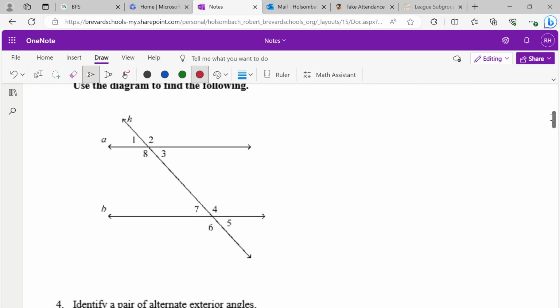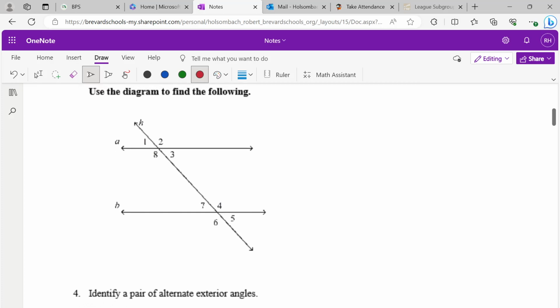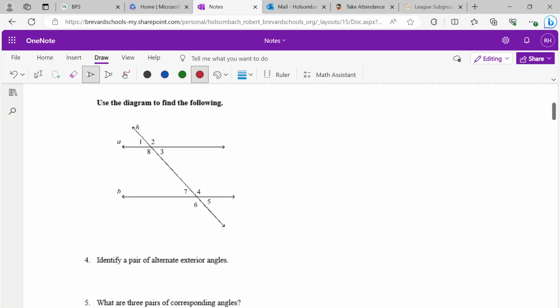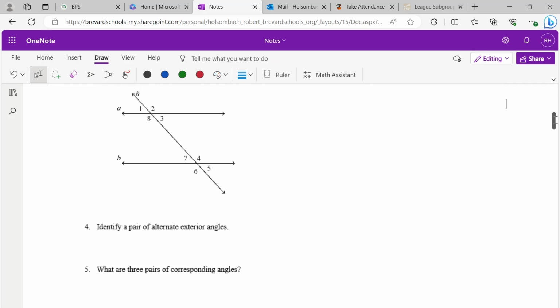All right, let me shrink this down a little bit. Use the diagram to find the following. All right, so problem number 4. Identify a pair of alternate exterior angles. Line H right here, this diagonal, is your transversal.